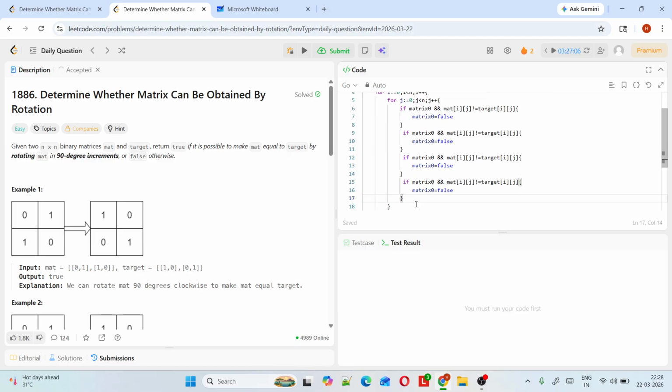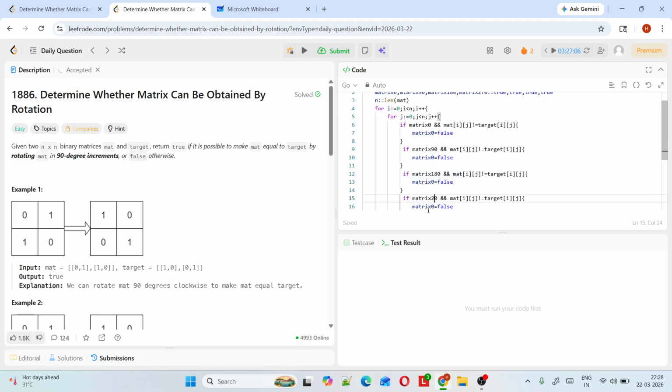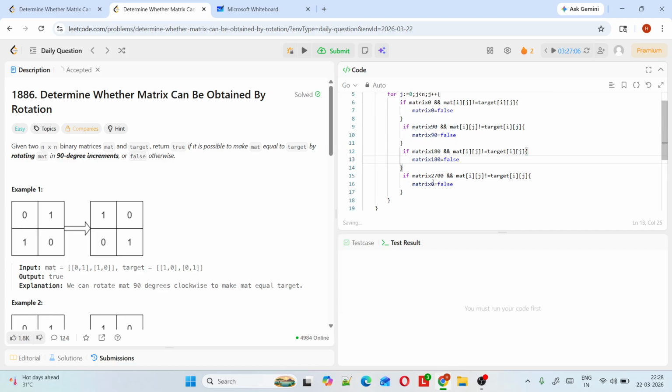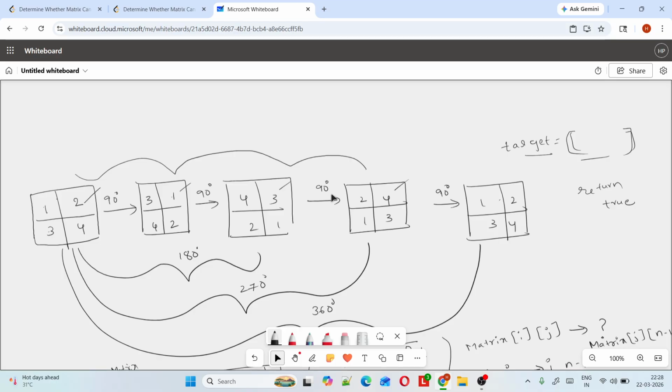I will edit this, 270, this as 90, 180, 270. Similarly 90, 180, and then 270.